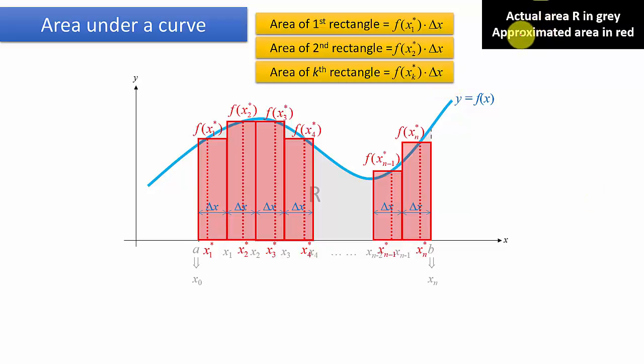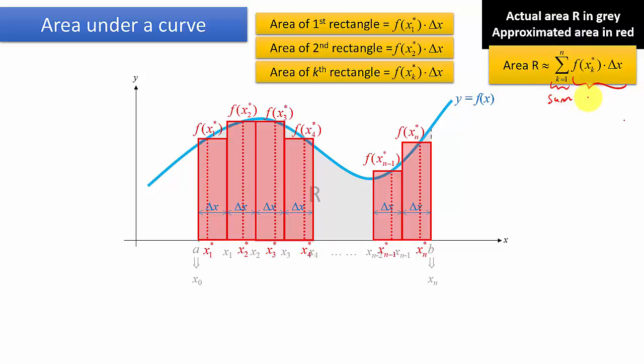So recall that actually we are trying to find the area in gray, and we are taking the red color rectangles as an approximation. So we can say that the area R, which is in gray, is approximately the sum of the area of all the red rectangles. Now this is at best an approximation.